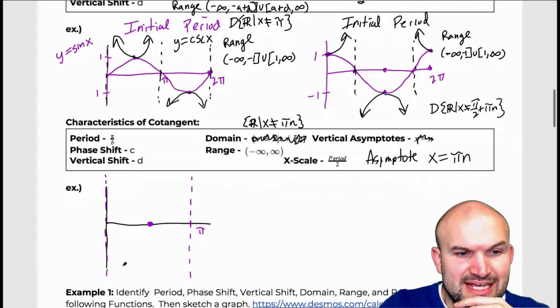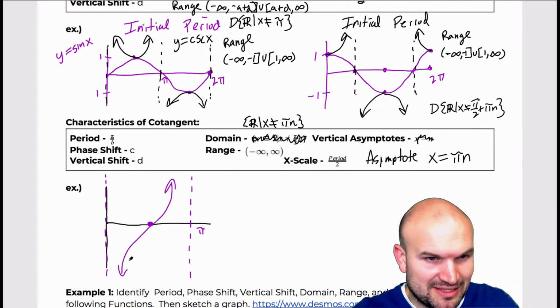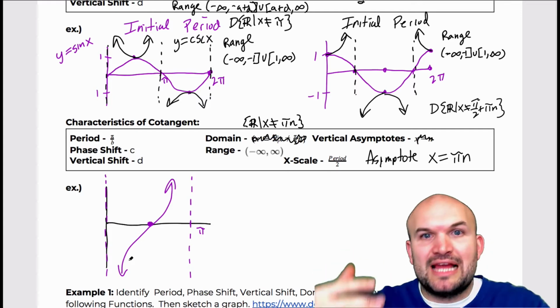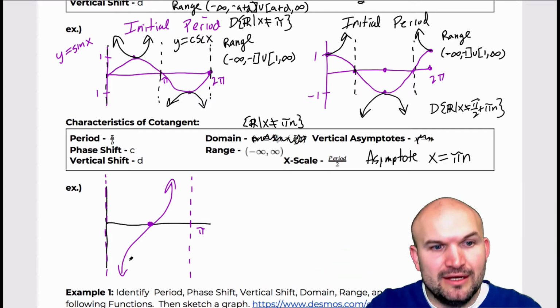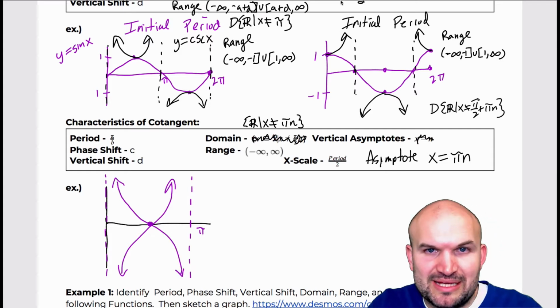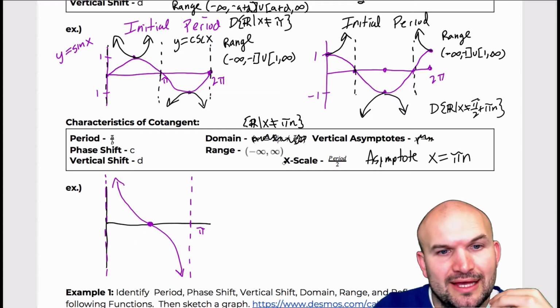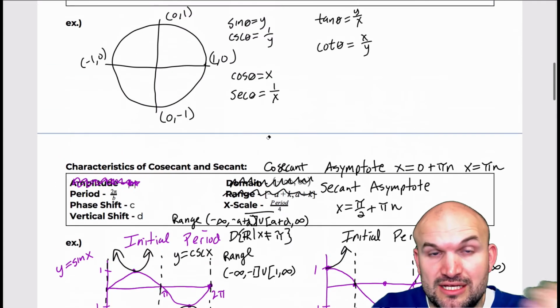Now, if you remember, the tangent function had a shape of a curve like this. And if you think about this as that mirrored image, that reflection idea, it makes sense that the cotangent function is going to come in this shape. If it doesn't make sense for you, another way to explain this is to do those reciprocals that we did in the warm-up.